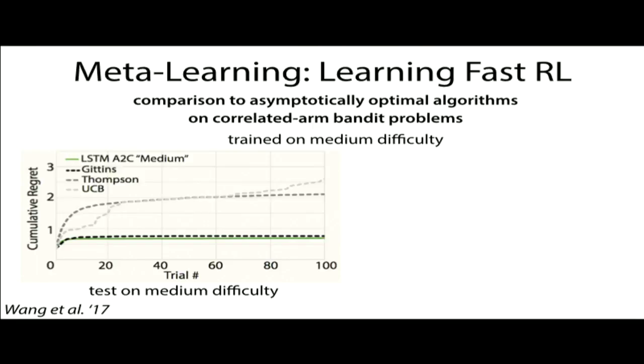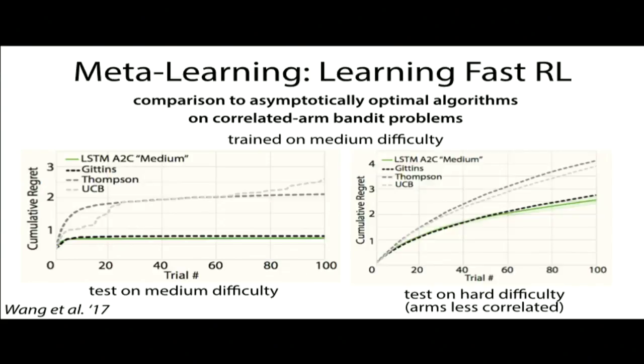They compared a reinforcement learning algorithm learned using meta-learning to these asymptotically optimal algorithms, and found that on these correlated arm bandit problems, it was able to perform as well as these algorithms. On this graph, they trained on a medium difficulty bandit problem and tested on a harder set of bandit problems, essentially bandit problems where the arms are less correlated with each other.